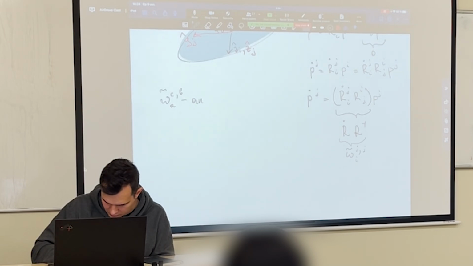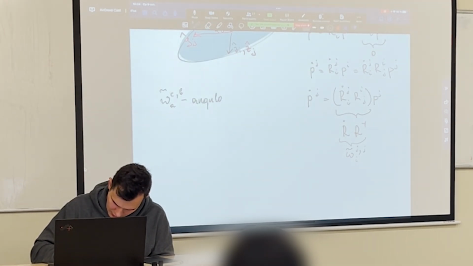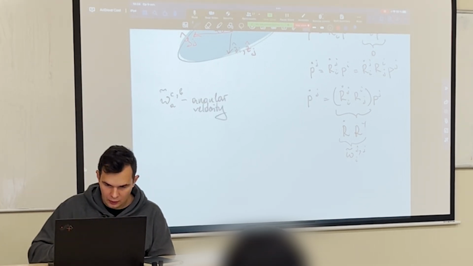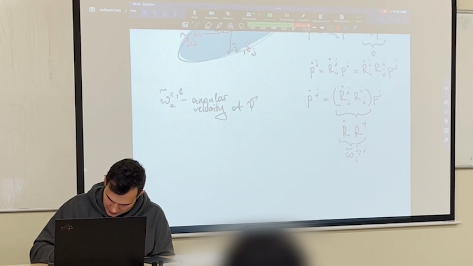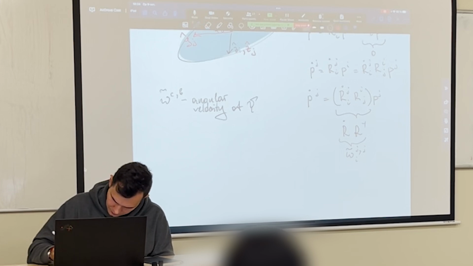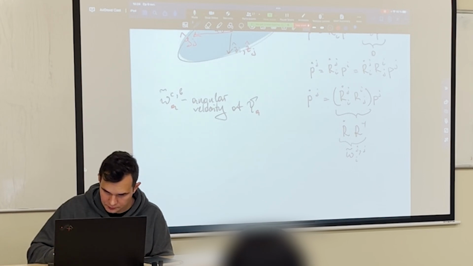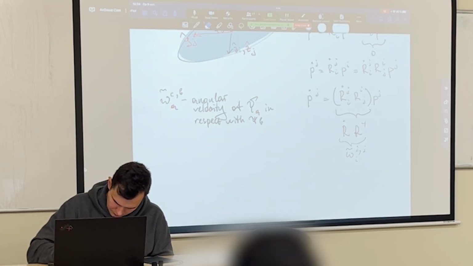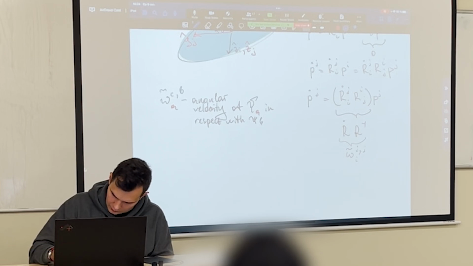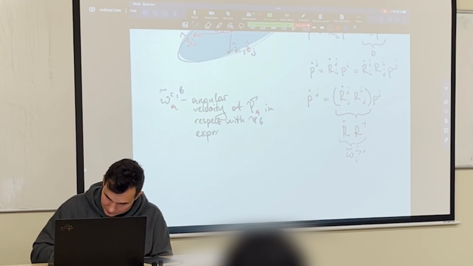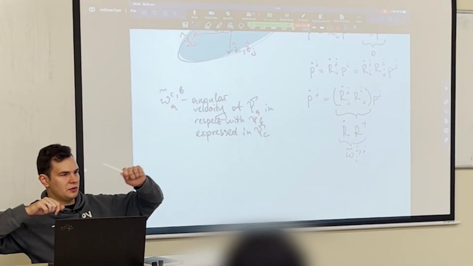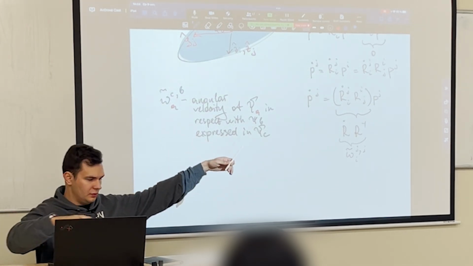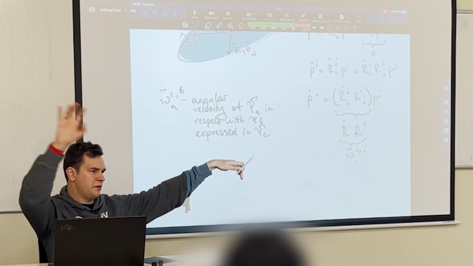It means that it is angular velocity of psi A with respect to psi B and expressed in psi C. It's like we can describe how this fan rotates around a table, and we can express it in some kind of third frame.